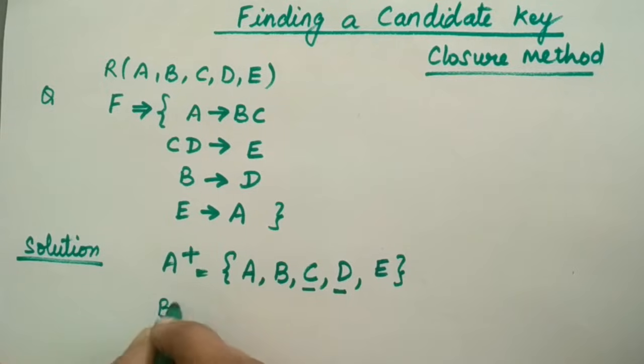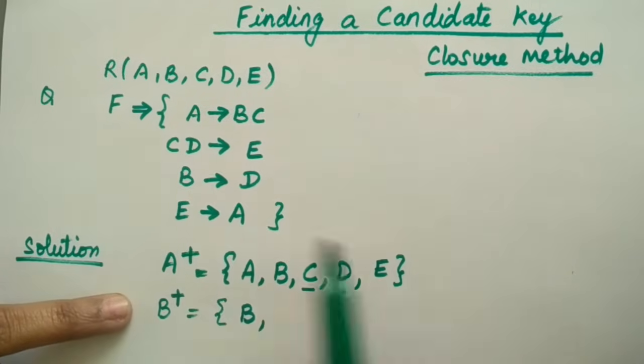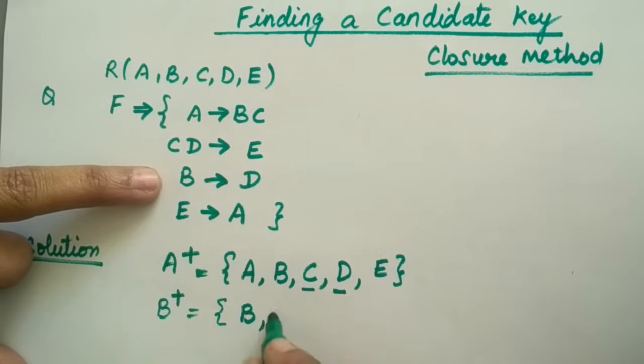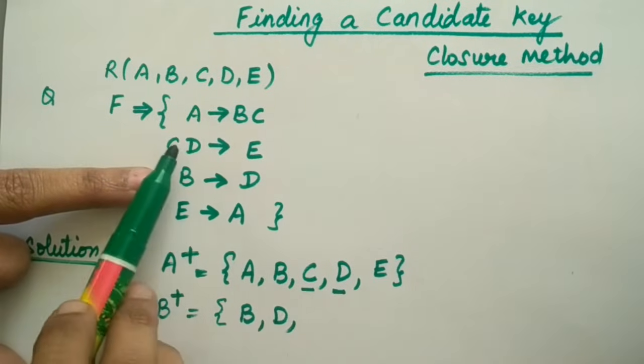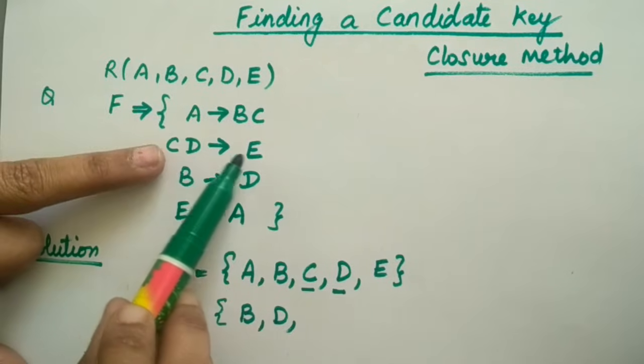Now I will take out the closure of B. For B's closure, B can reach itself using the reflexivity property. Now with B, can I reach another attribute? Yes, B determines D. So I can determine D also. Now I have B and D. With D, can I determine E?